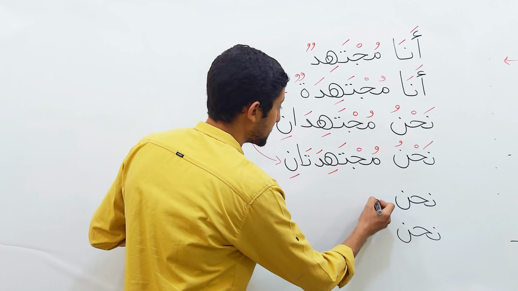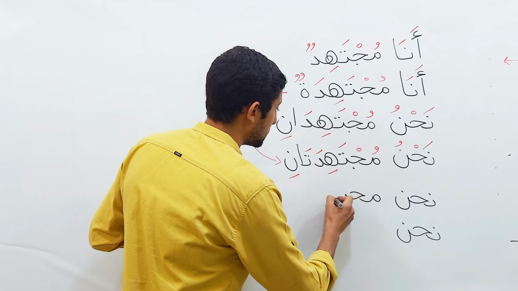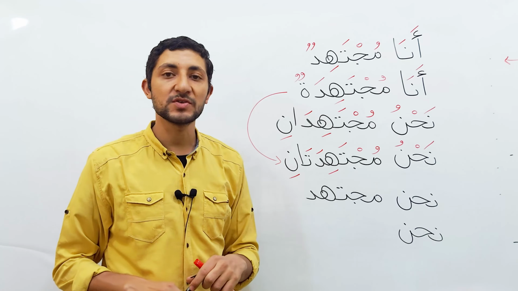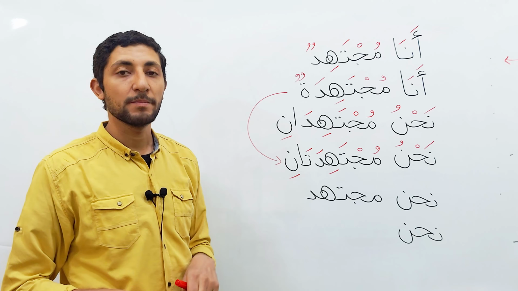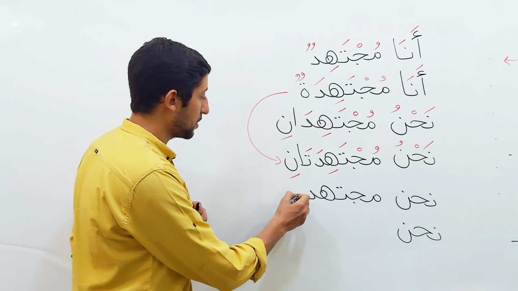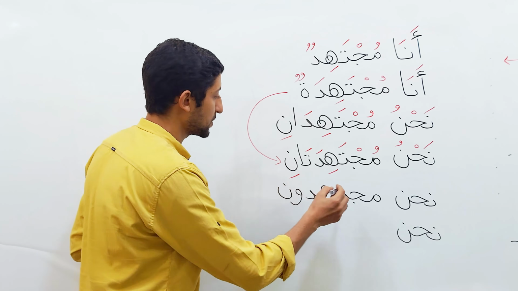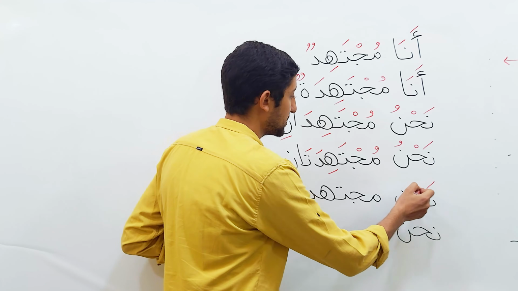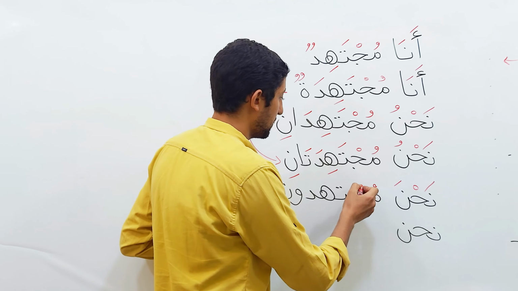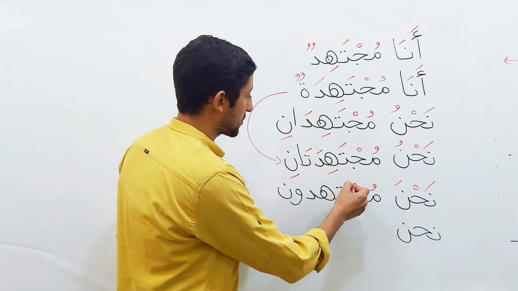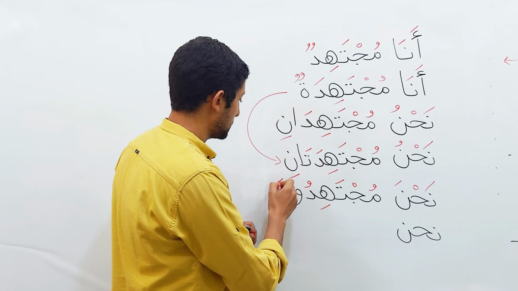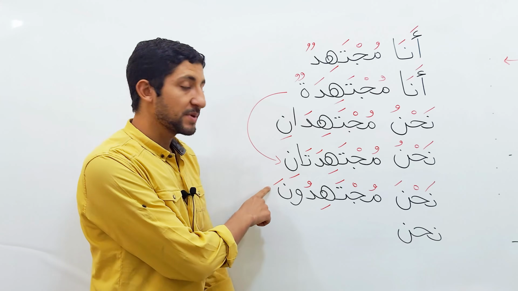We will take the singular, مجتهد, and then we will add the suffix for masculine plural, which is واو نون, مجتهدون. The label for نحن will be the same, fixed. For مجتهدون they are going to be the same, except this one is fixed to be فتحة.